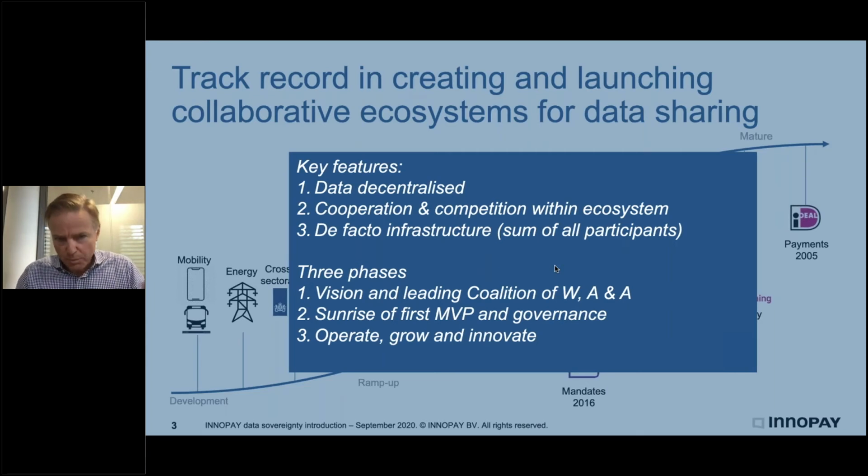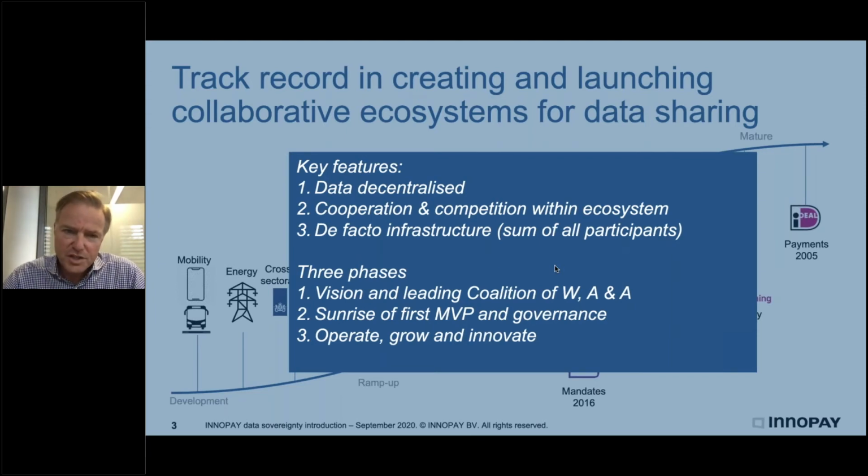So the competition is within the actors, but they all understand that there is a need to cooperate, because then you can create more value together. And the sum of all the participants and implementations is the de facto infrastructure. The word infrastructure was already mentioned, but it is not a centralized infrastructure, it's decentralized. And the adoption of this whole thing creates a de facto infrastructure.